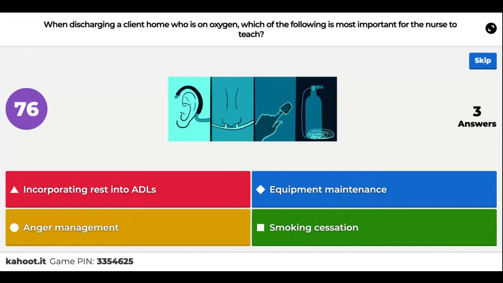So you guys want to give me your answers? Can you see what it says? It says when discharging a client home, does everyone agree with Allie and Maria?